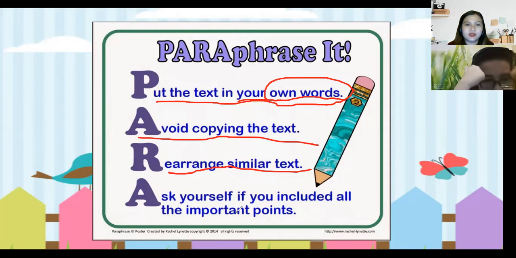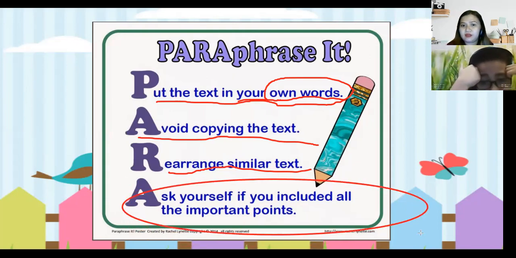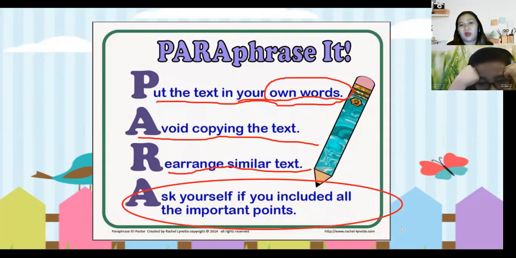And ask yourself if you included all the important points in the paragraph. You really need to review and ask yourself, did I already put all of the important points in this paragraph? You should remember this.